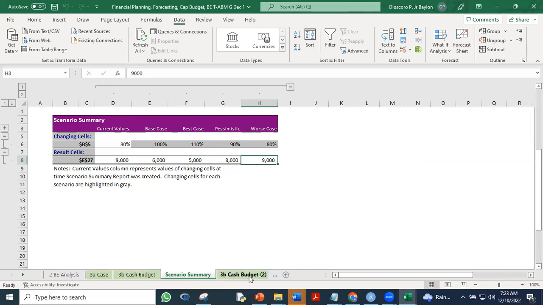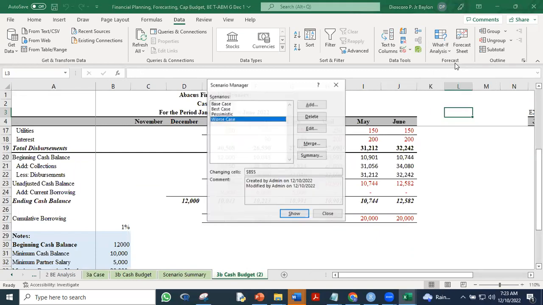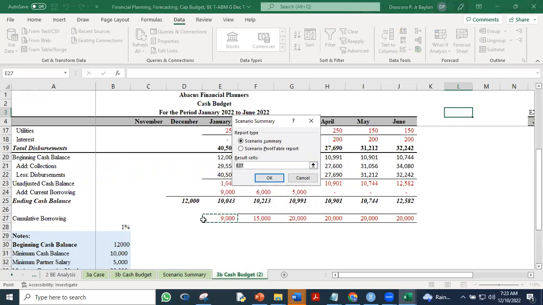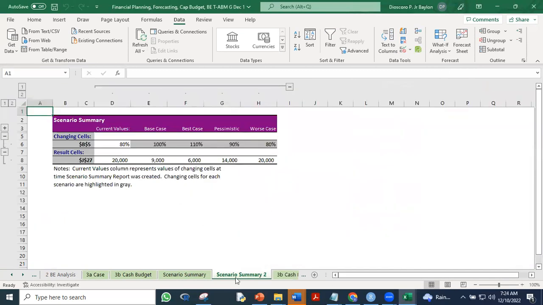So let me go back here. What if analysis, scenario manager? This time, I'd like to summarize not the first case, but how much will be the cumulative borrowing in June. Okay, how much will be the cumulative borrowing in June? So I'm going to click this one, 20, okay, and then it will create another scenario summary.